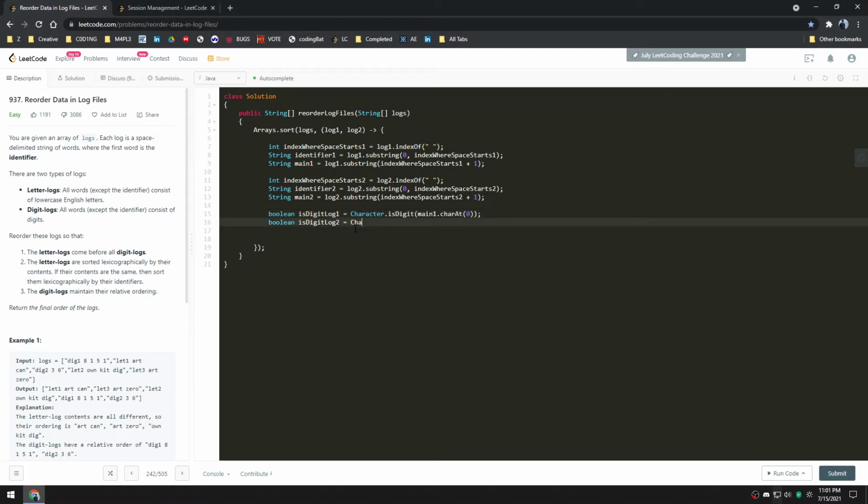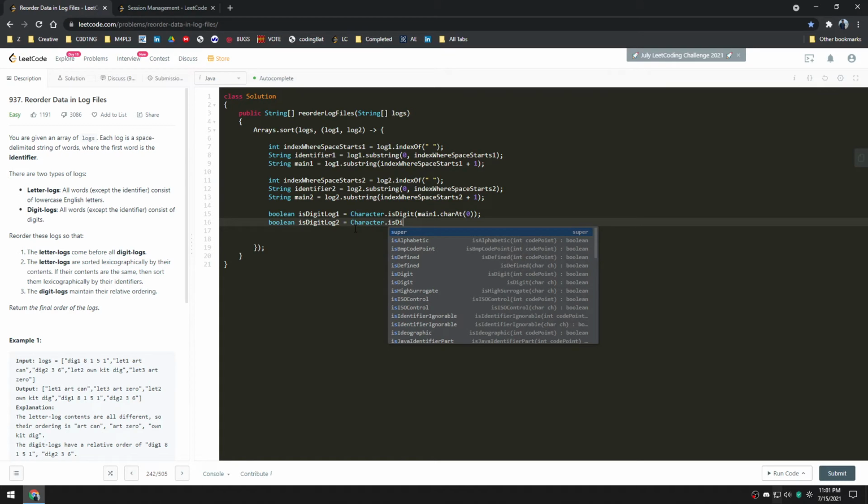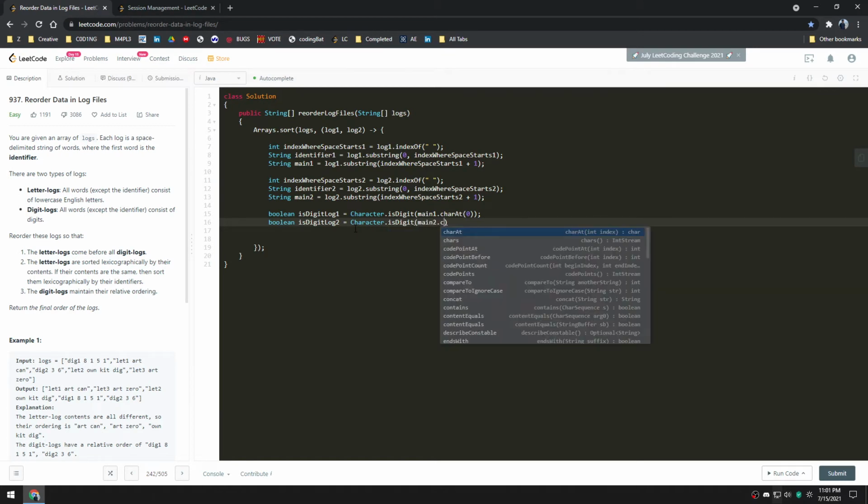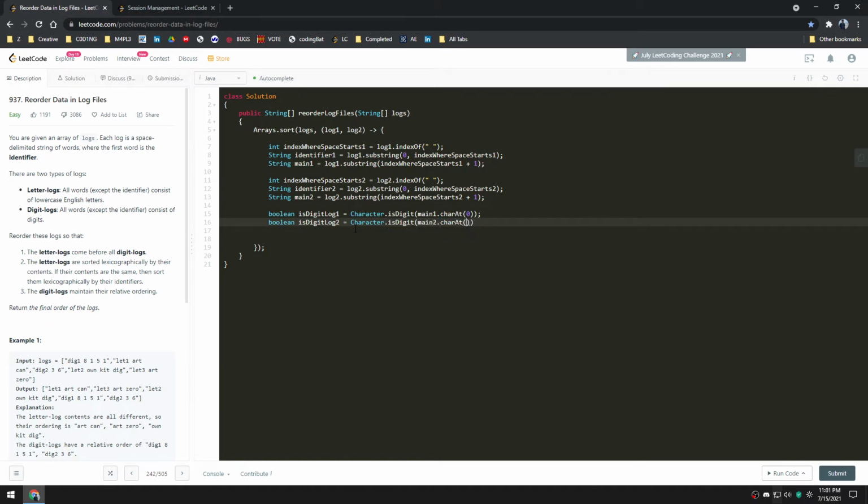We'll do the same thing here, Character.isDigit with main2.charAt(0). So this will tell us whether or not a log is a digit log. Now, if the log is not a digit, let me properly format this here.